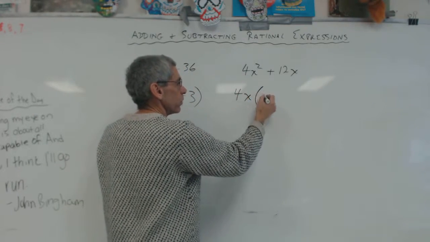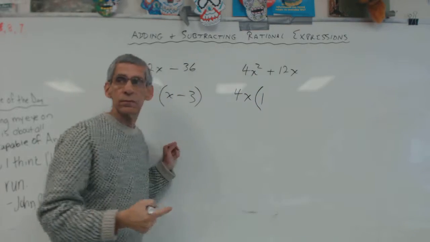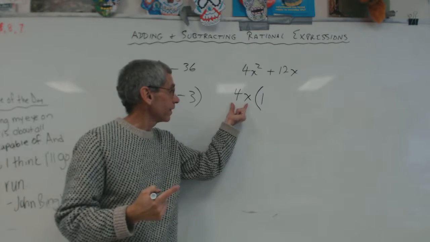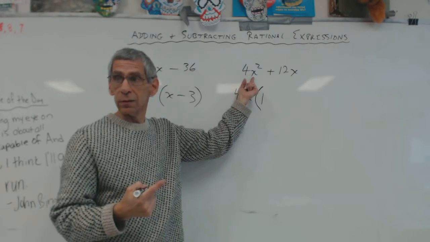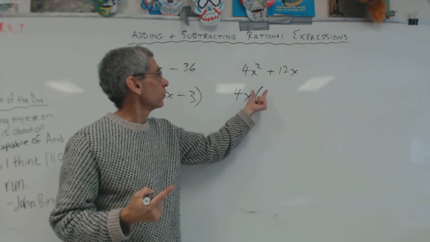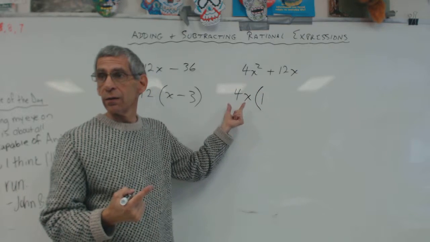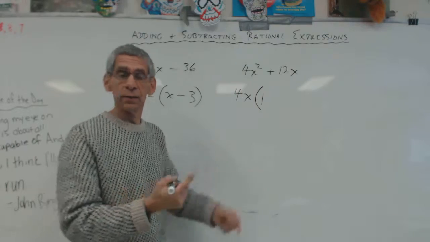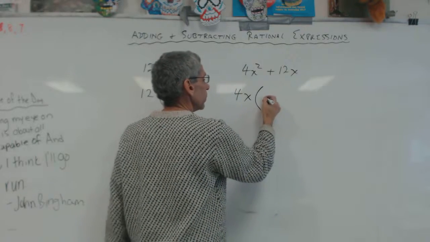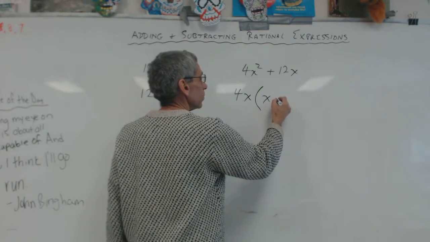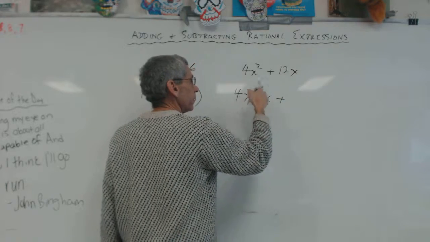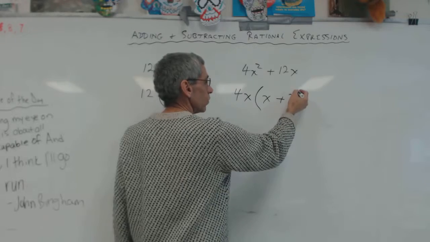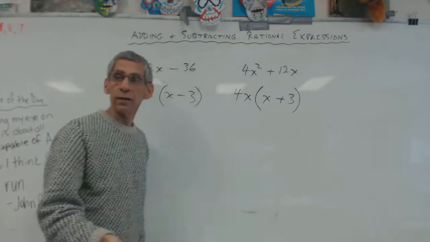Remember, if I multiply this times this, it's got to equal this. 4x times what would equal x squared? 4x times x would equal x squared. So I don't need the 1, I'll just put x. Plus 12 divided by 4 is 3. The x divided by x is just 1, so it cancels out. So we're done.